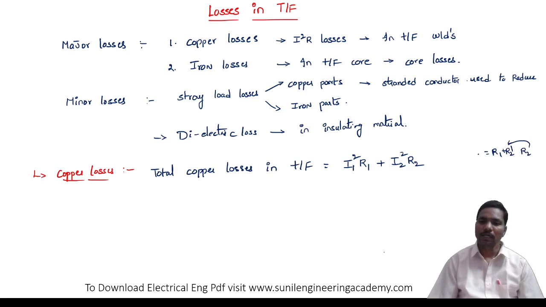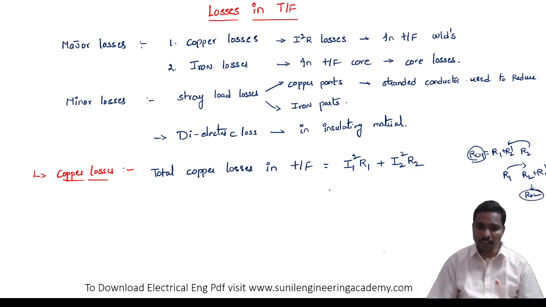If you transfer R1 to the secondary, it becomes R1 dash. So it becomes R01, and the other is considered as R02, the total resistance belonging to primary or to secondary.